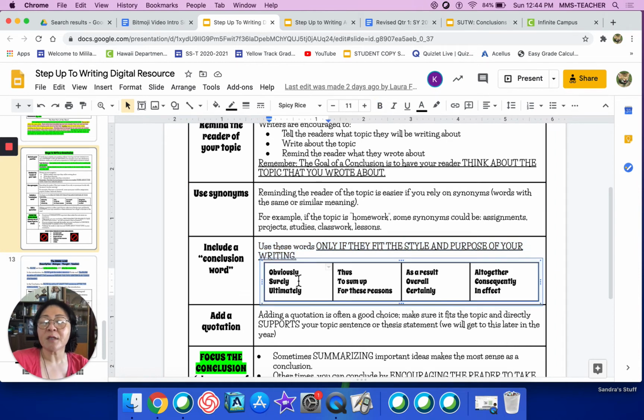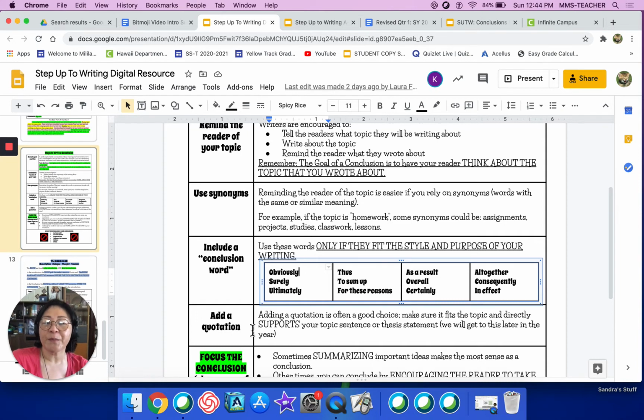So, some conclusion words are obviously, surely, ultimately, thus, to sum up, for these reasons, as a result, overall, certainly, altogether, consequently, in effect. Now, one that's not here that people will use sometimes is in conclusion. Okay? That's a little bit more of a basic conclusion word you could use, but that is also one you can use.